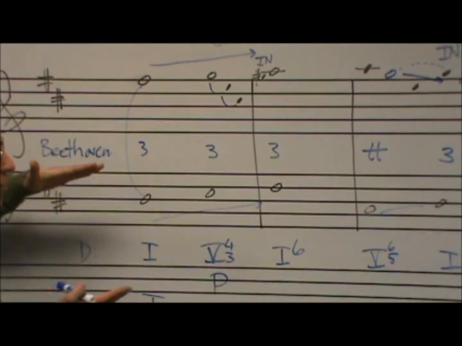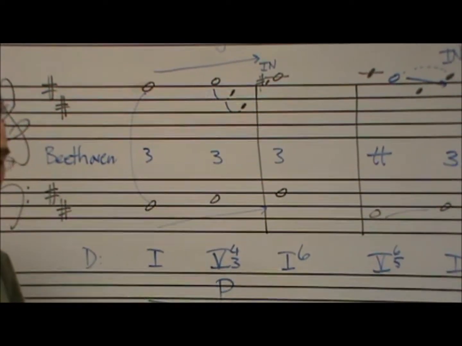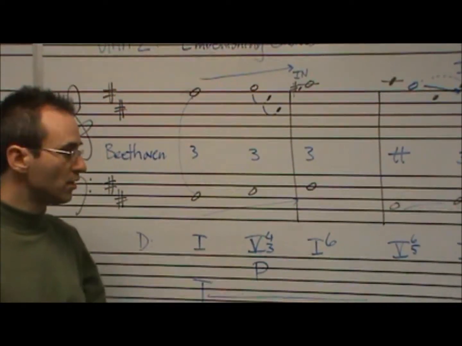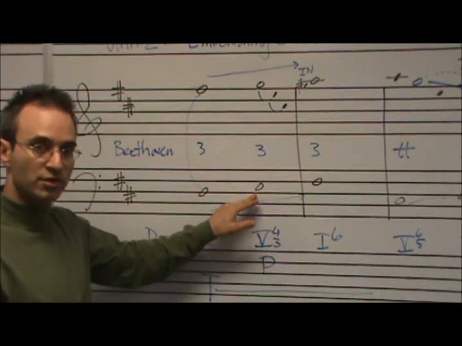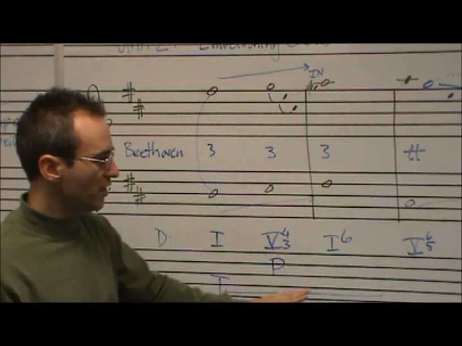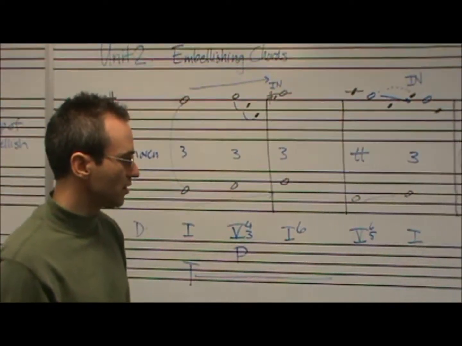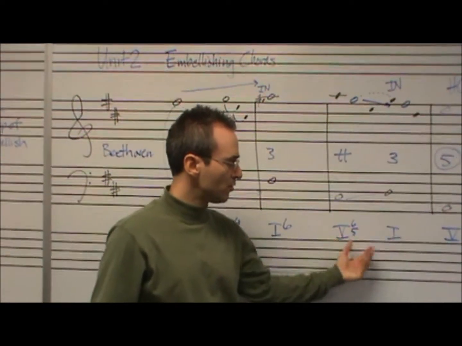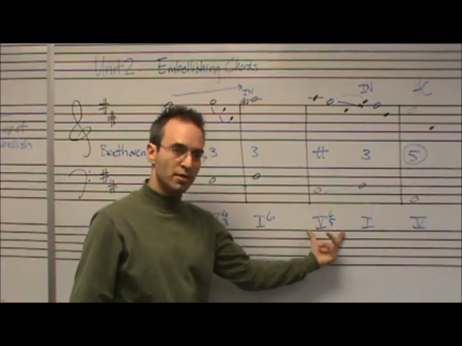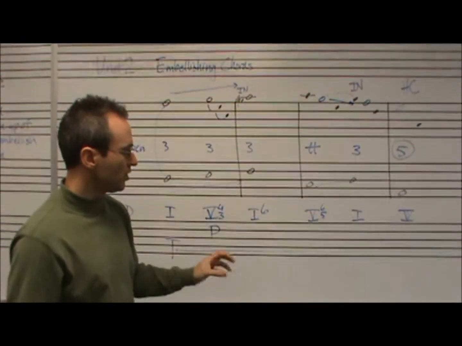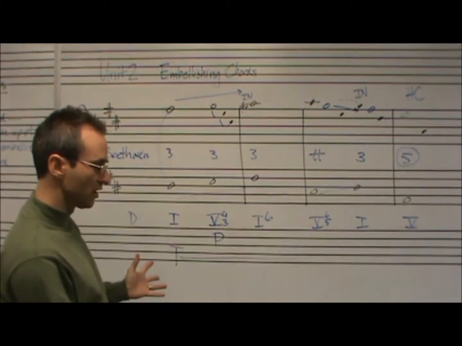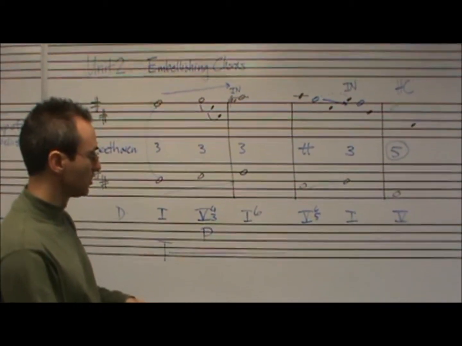And because of the motion in the outer parts, it sounds like a passing chord. Remember, we just name it because of whatever's going on in the bass. We have another one here, and now you know what to do with it. It's less stable than this one, so it's probably embellishing. All you need to look at now is, well, what's its context, and how is it embellishing that context?